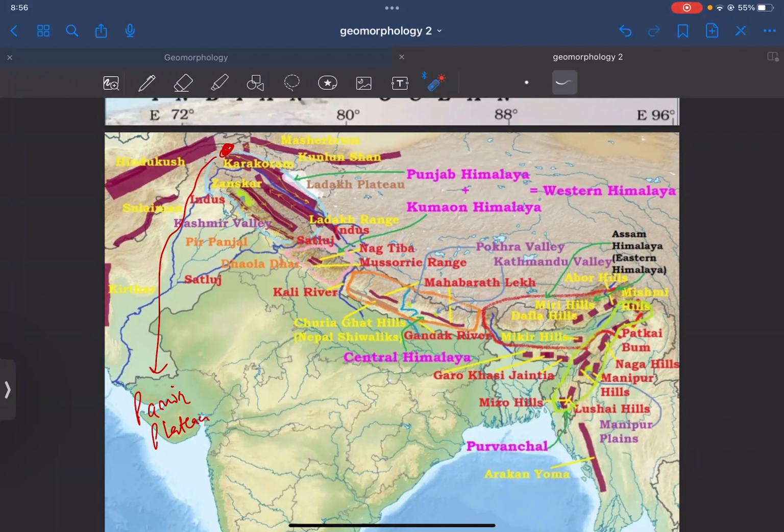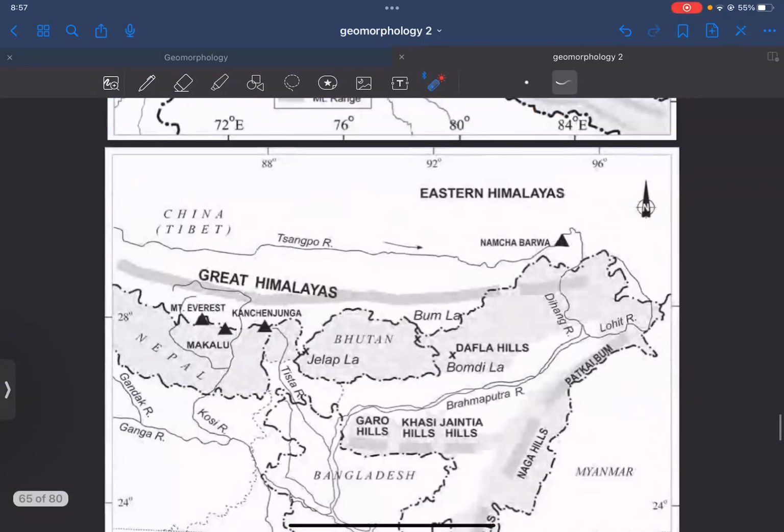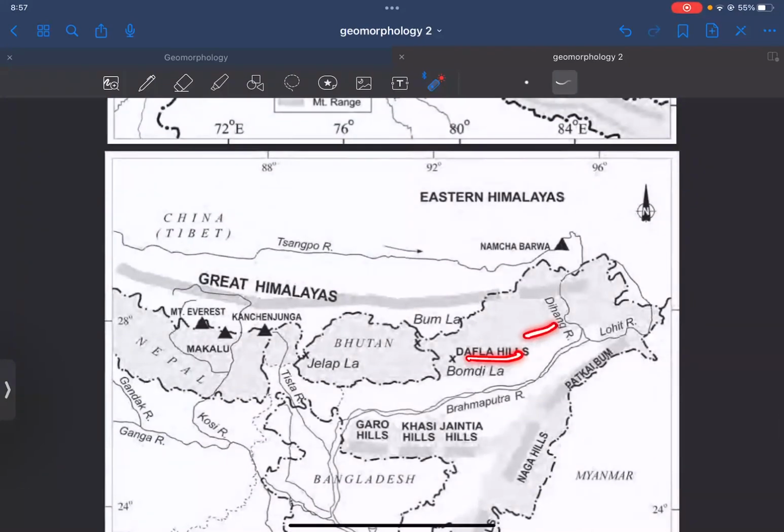Sorry, in Arunachal, Dafla Hills, Miri Hills, Abor Hills, Mishmi Hills. So it looks like this: Dafla Hills, over here Miri, Abor, Mishmi. So these are the hills. And in case of Dafla Hills, we have a famous pass, Bomdi La.